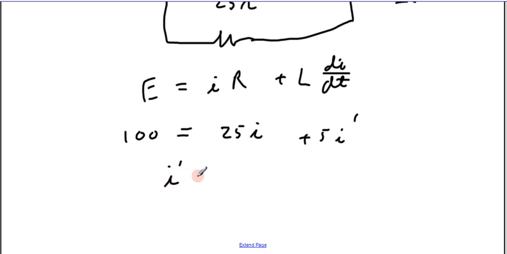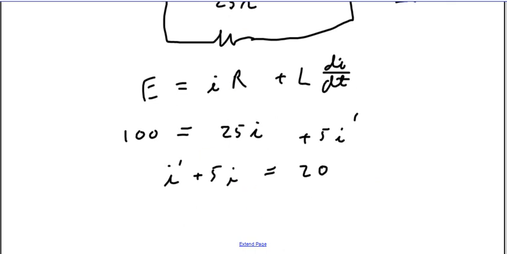i prime plus 5i is equal to, well, 100 divided by 5, it's equal to 20. It's even better.